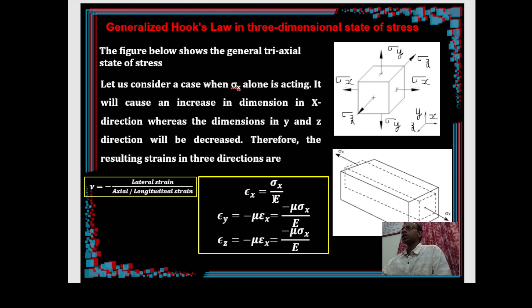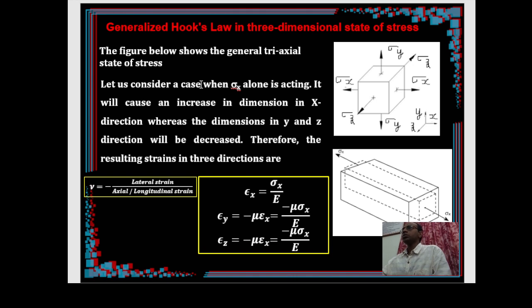This proportionality constant is what we call the Young's modulus or modulus of elasticity. So epsilon x we can directly get by dividing the stress by the Young's modulus, purely as per Hooke's law.